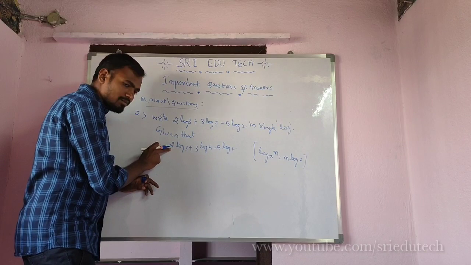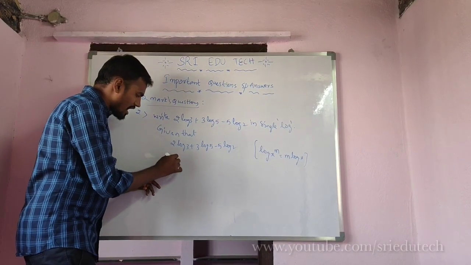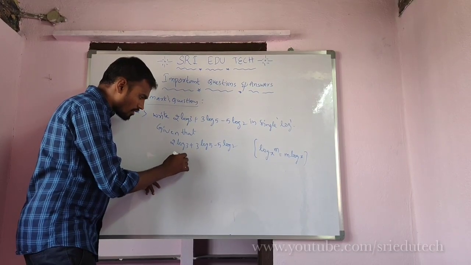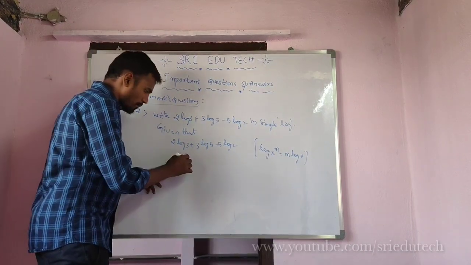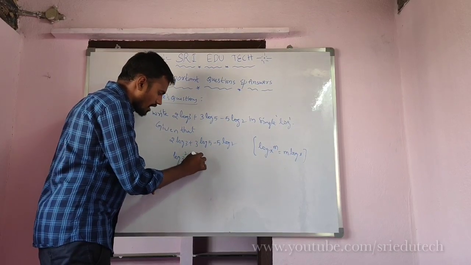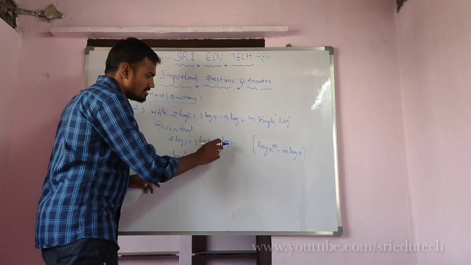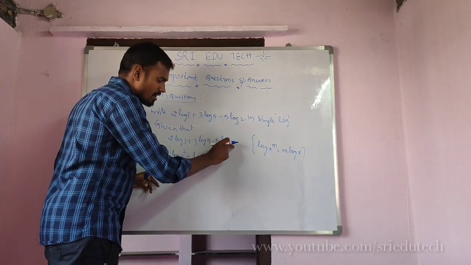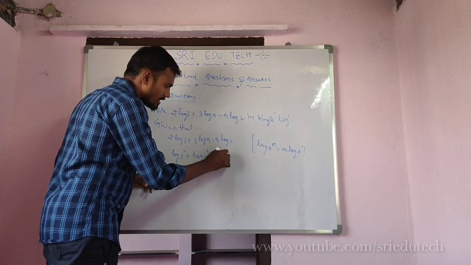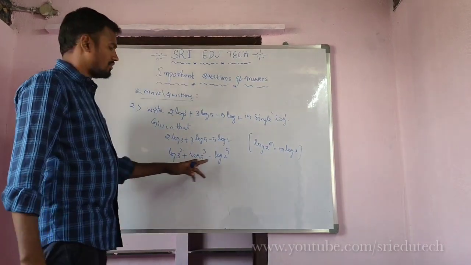This is m, this is log, this is x. So log 3 to the power of 2 plus, same m log x, log 5 to the power of 3 minus, same m log x, log 2 to the power of 5.